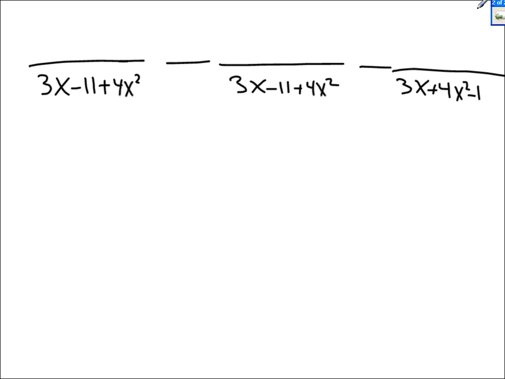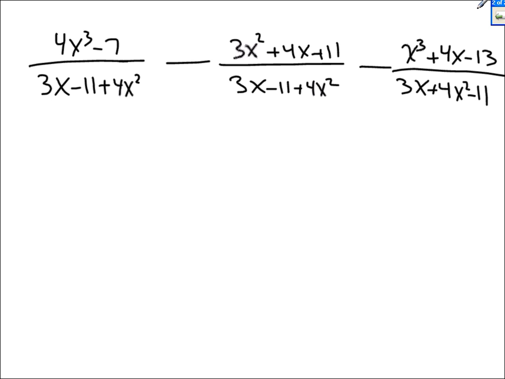I didn't mean to write it out of order, but I did for the last one. Okay, so you have 4x cubed minus 7, minus 3x squared plus 4x plus 11, minus x cubed plus 4x minus 13.